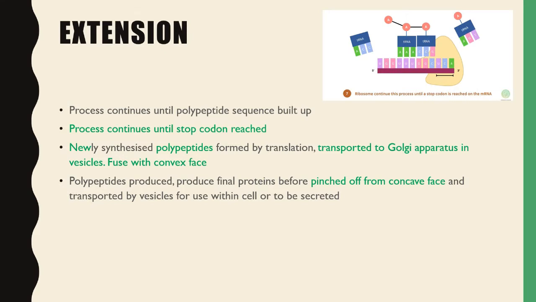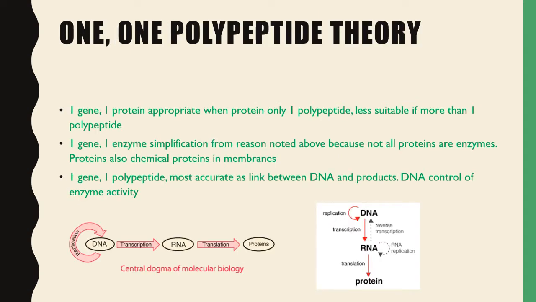So the extension essentially is that the process will continue until your polypeptide sequence is built up and a stop codon is reached, meaning that newly synthesized polypeptides are formed by translation, which are then transported to the Golgi apparatus in vesicles where they will fuse with the convex face. Polypeptides will then be processed to produce final proteins before being pinched off the concave face, and they will be transported by vesicles for use within the cells, or they will be excreted.